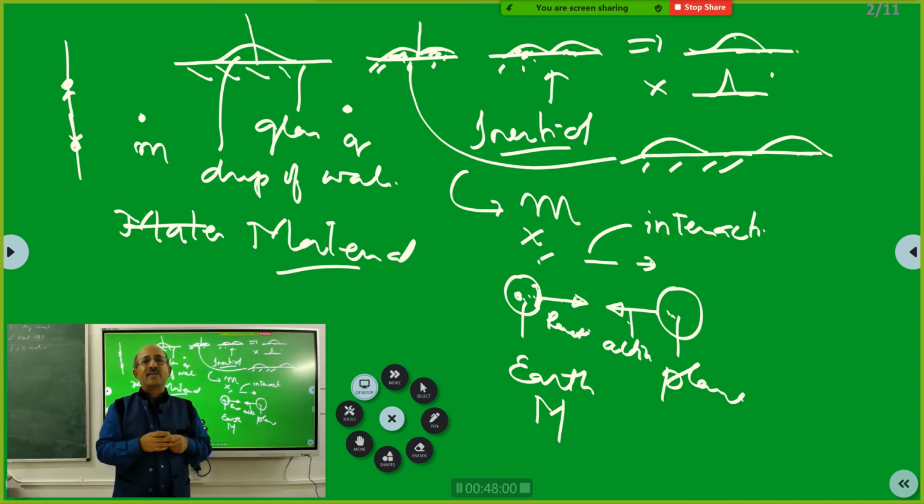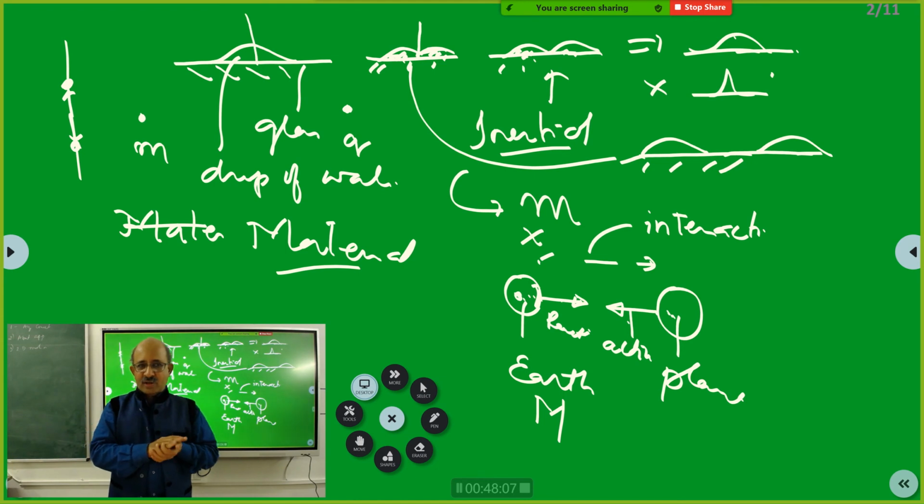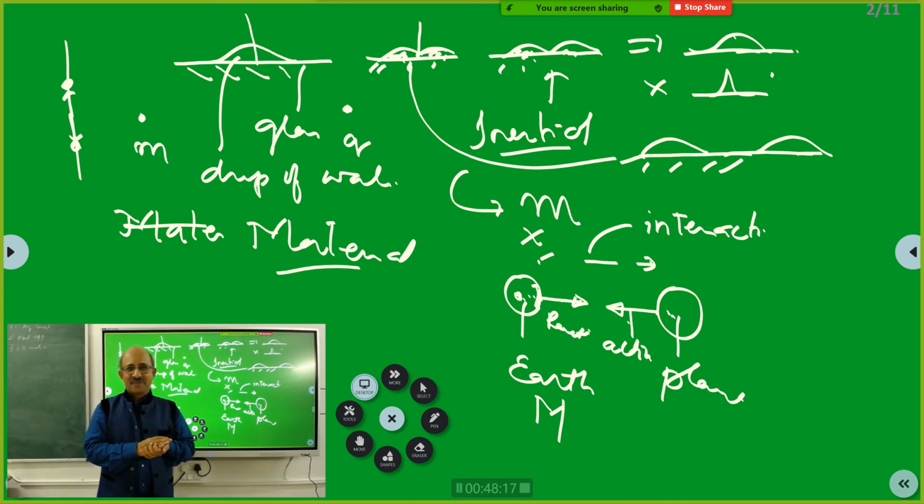So Newton's third law. If I ask you, who wants to confidently tell me what is Newton's third law? Come on. Yes, Pratyush, tell. Every action has an equal and opposite reaction.